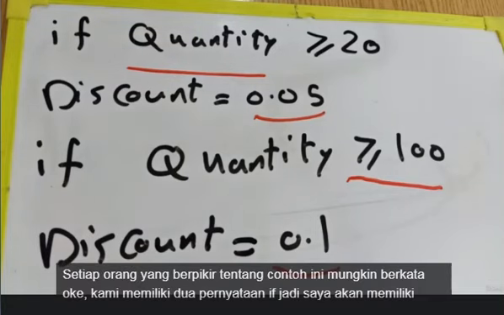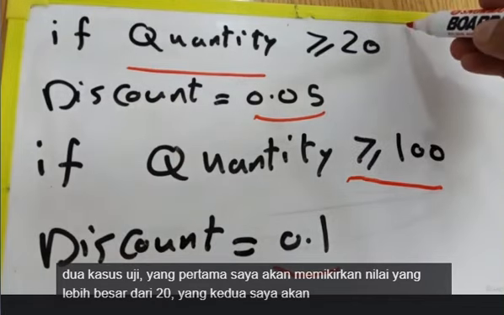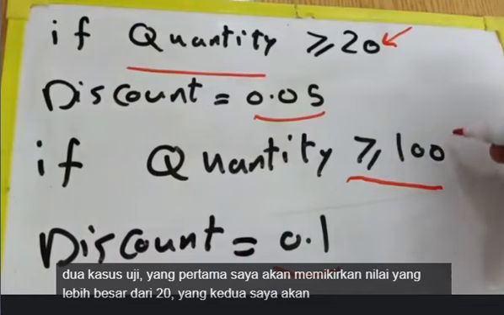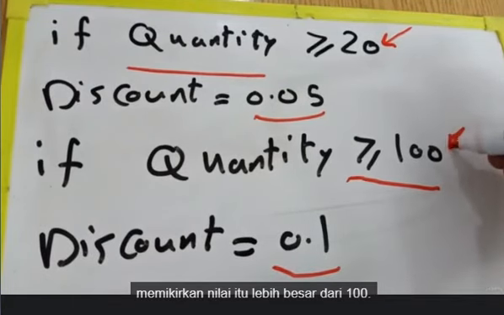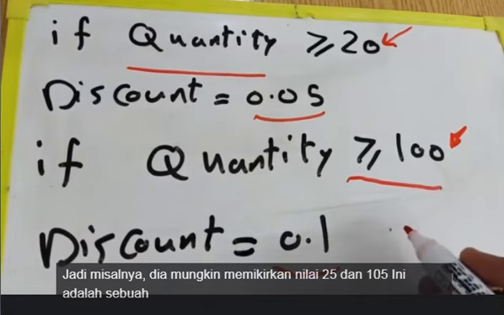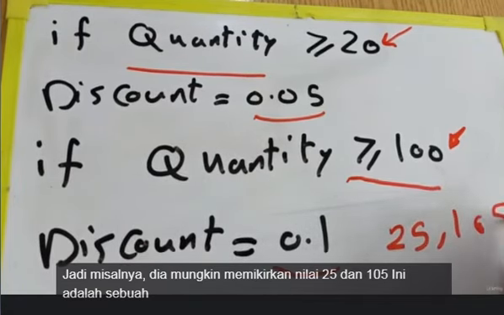Any person who thinks about this example might say, okay, we have 2 if statements, so I will have two test cases. In the first one, I will think of a value that is greater than 20. In the second one, I will think of a value that's greater than 100. So for example, he might think of the values 25 and 105.